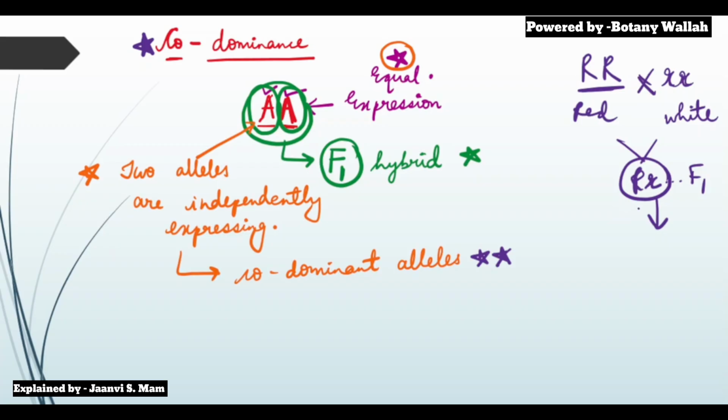Here the alleles are not expressing themselves. Both the alleles are in a pair. Actually capital R should express its own color, red, but it was not expressing, and hence there is something incomplete.